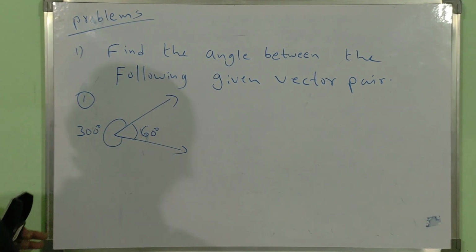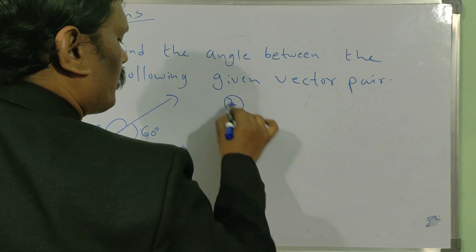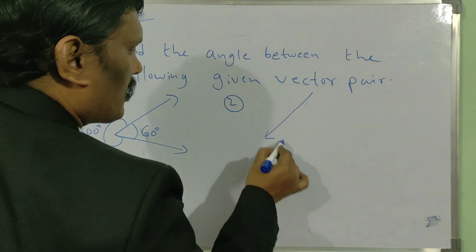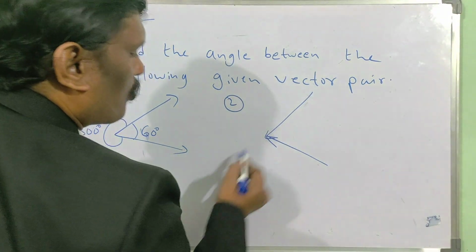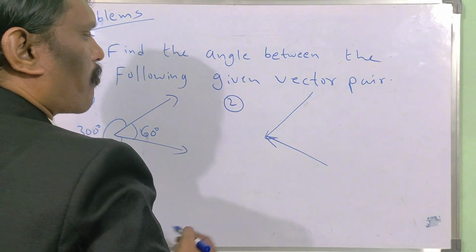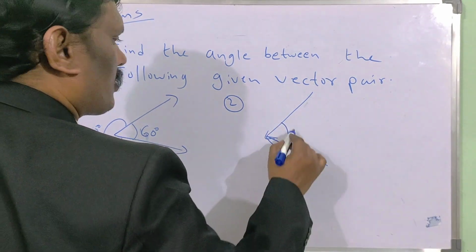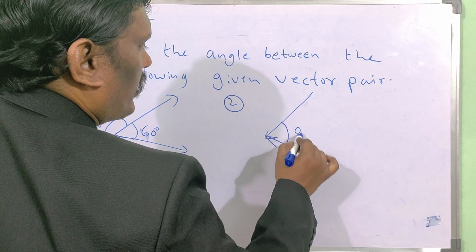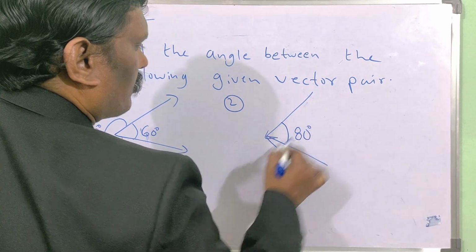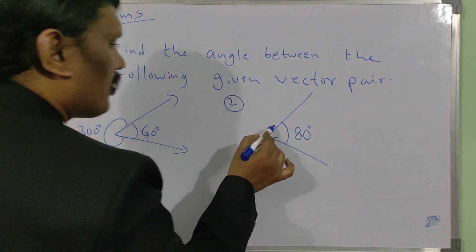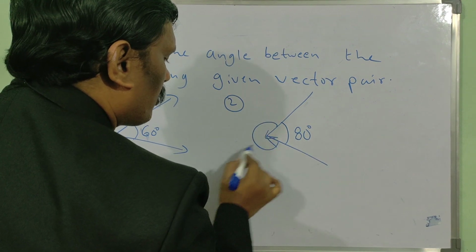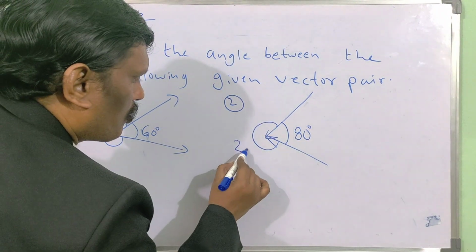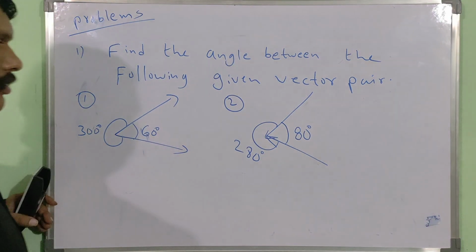Just do it yourself. The second one, I am going to consider like this. Both arrows meet at this point. This is 80 degrees and this is 280 degrees.